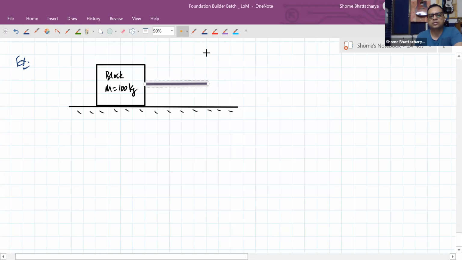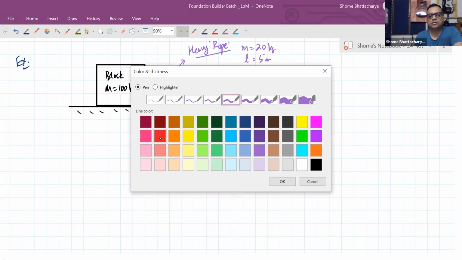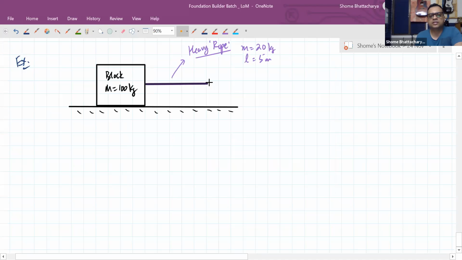Okay. So this is a relatively heavy rope, let's say, of its own mass is suppose 20 kilograms and length is, let's say, 5 meters. So that's quite long. And at the end of that, we are applying some external force. So somebody might be pulling the rope with some external force.